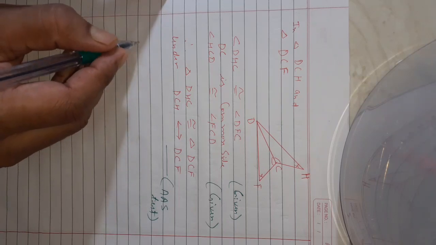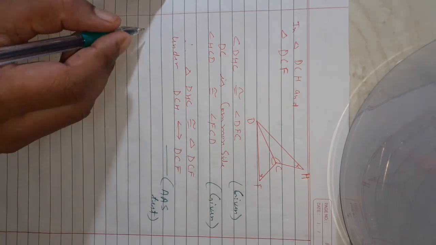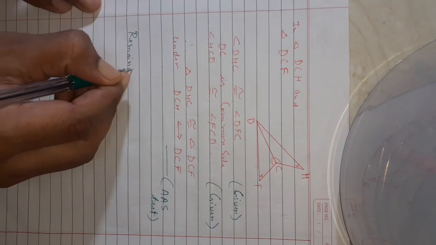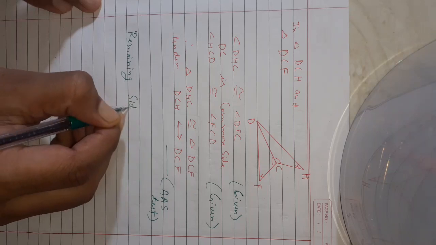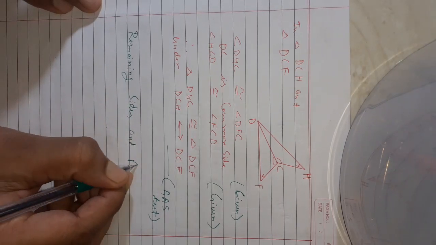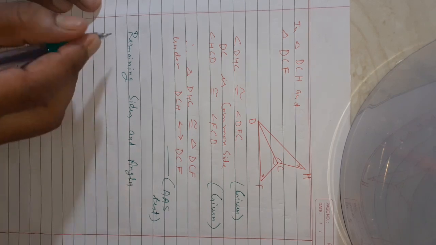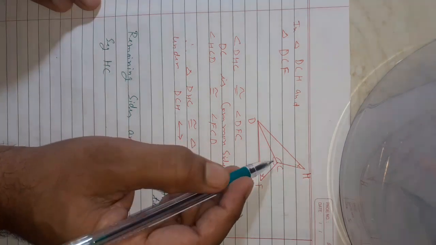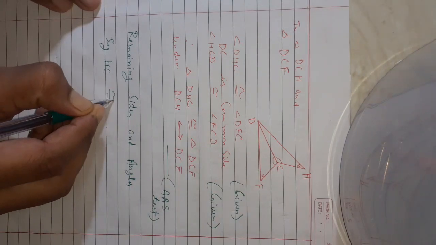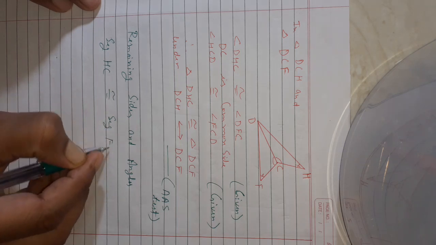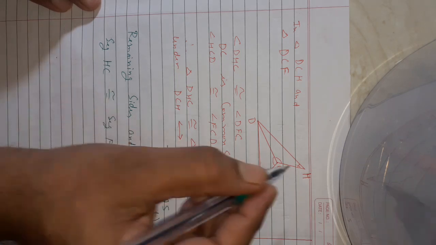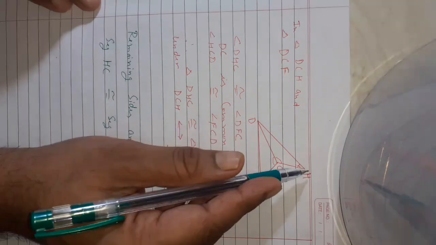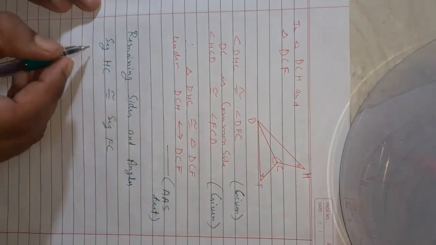Now what is the remaining? The remaining sides and angles. So what are the remaining sides and angles? Segment HC is congruent to segment FC, and segment DH is congruent to segment DF.